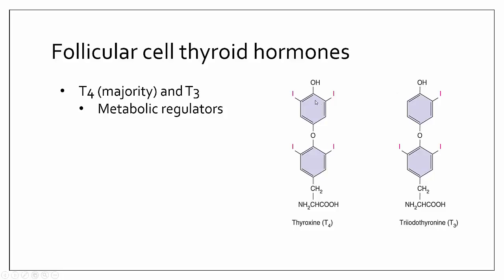So T4 has 4 iodines, T3 has 3 iodines. Iodine is absolutely essential for creating the thyroid hormones. That's why your thyroid takes up iodine. It needs iodine to make T4 and T3. If you don't have iodine, you can't make T4 and T3. You don't have your thyroid hormones, and they are really, really important.